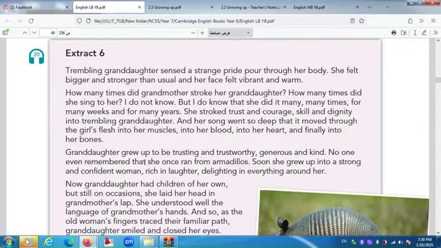Of course, that will transform, or it will reflect what? It will reflect rich in laughter, delight in everything around her, confident woman. She is growing up. Okay, so the granddaughter is a mother herself.